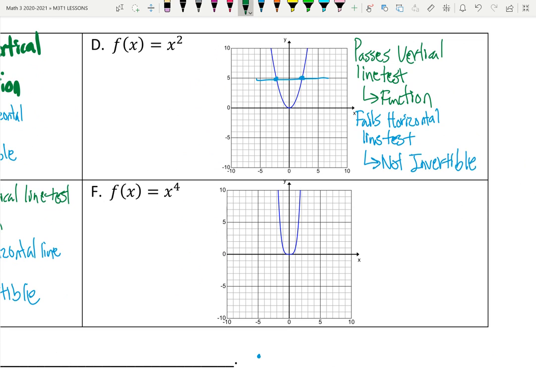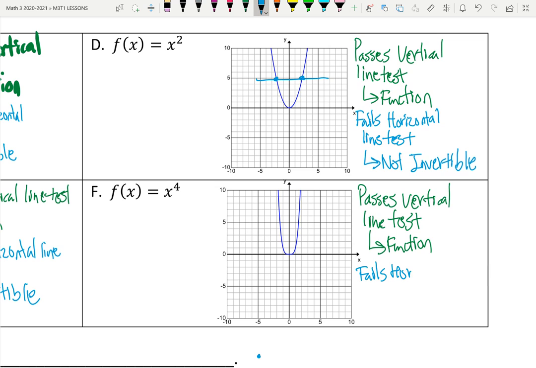This guy passes the vertical line test. Therefore, it is a function. It fails the horizontal line test. It's got to be actually a straight line.